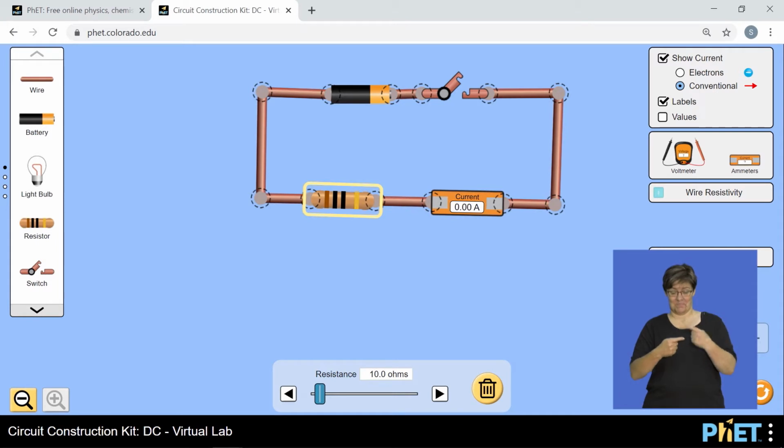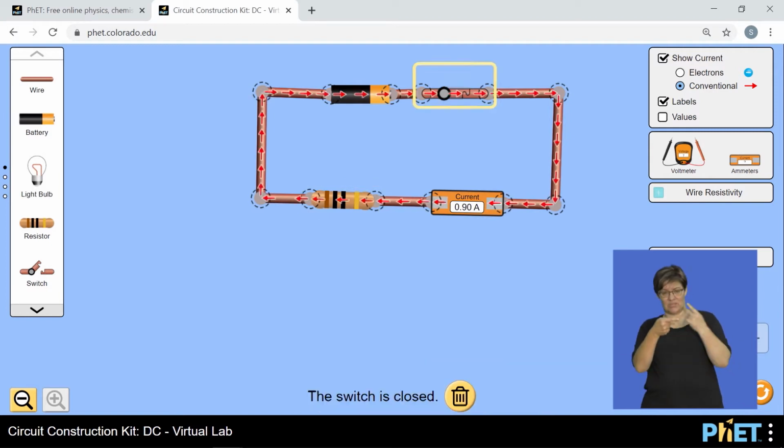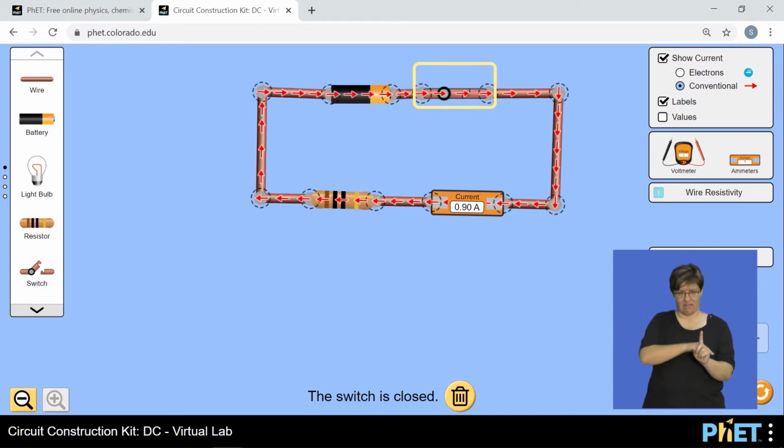How about if we close the switch and complete the circuit, because that's the primary function of the switch. So if we close that, we can see the conventional flow of current which occurs from the positive terminal to the negative terminal. Now, the current reading of 0.9 amperes, what does it tell us?